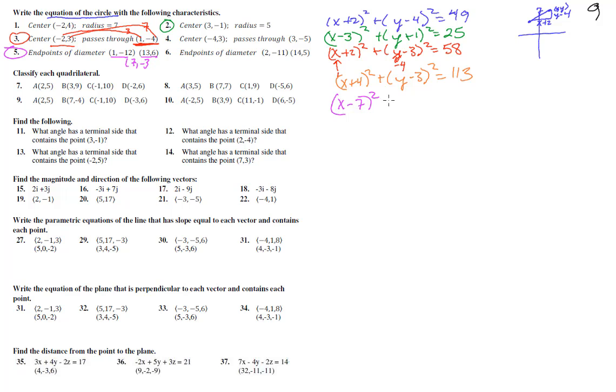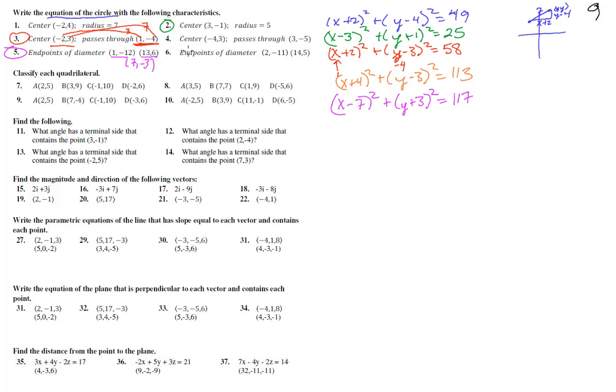So we have x minus 7 squared plus y plus 3 squared equals, and then we've got to stick one of these in. Well, which one? Let's check. Stick in 1, negative 12 here, and the distance is 6 and 9. 6 squared plus 9 squared, that's 36 plus 81, that's 117.